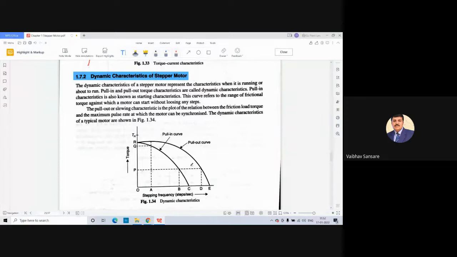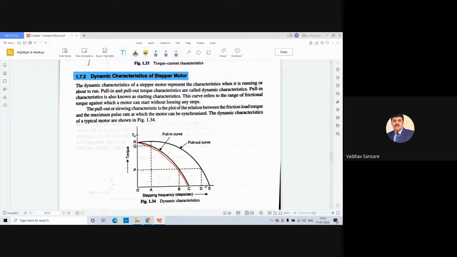So pull-in characteristics is generally termed as the starting characteristics. That means this is the initial starting characteristics of the motor.